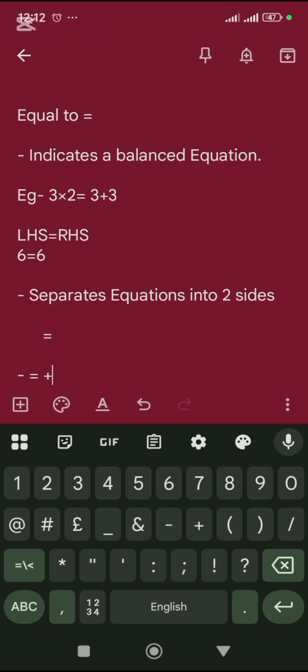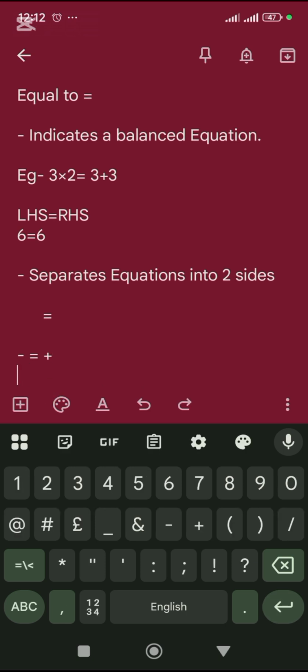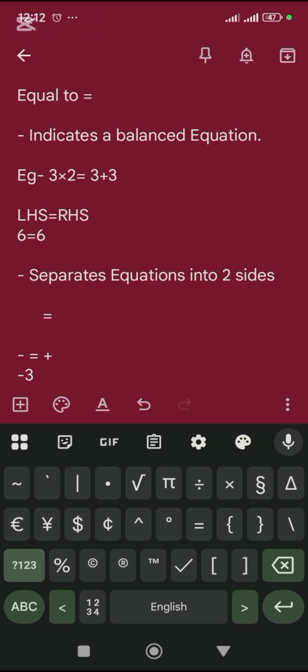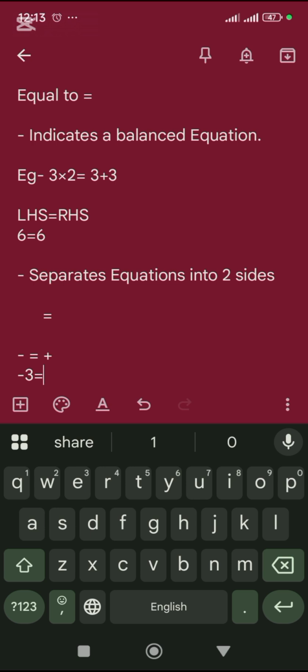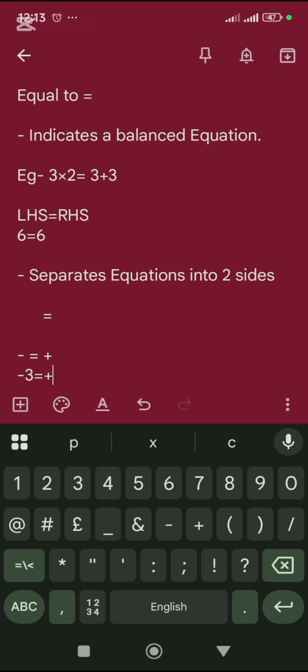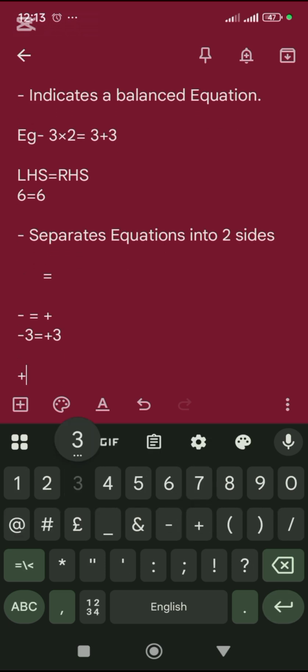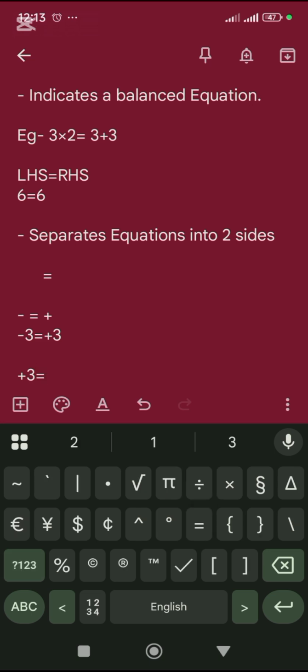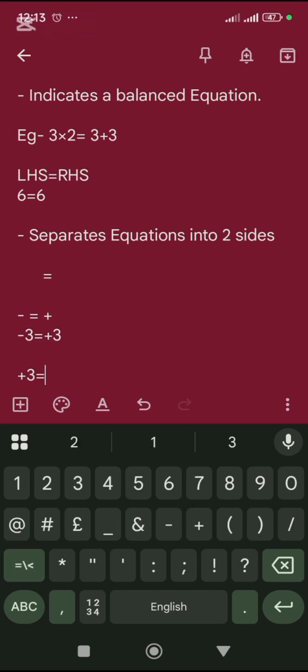So let's say you have minus 3 equals, and you're crossing over this minus 3 to the other side. Obviously that will now be plus 3. When you have plus 3 crossing the equal to sign to the other side, it will become minus 3. And this is very, very important because there are questions that would require you to do certain things.